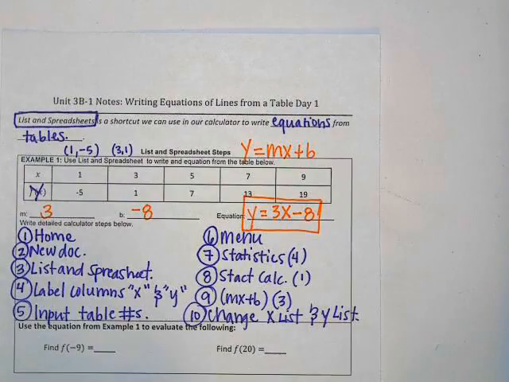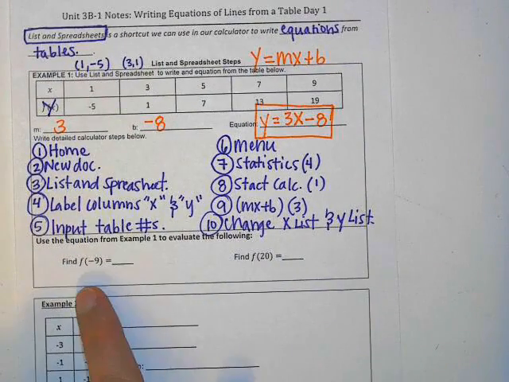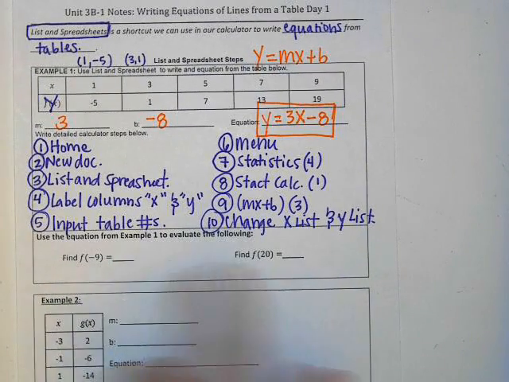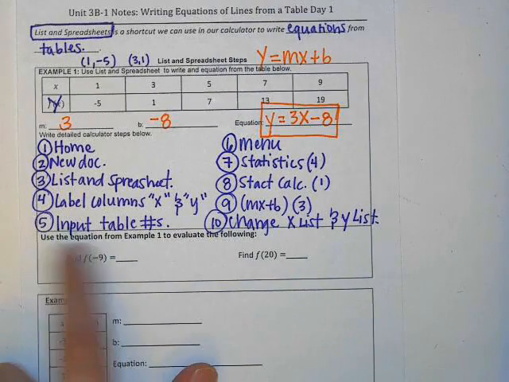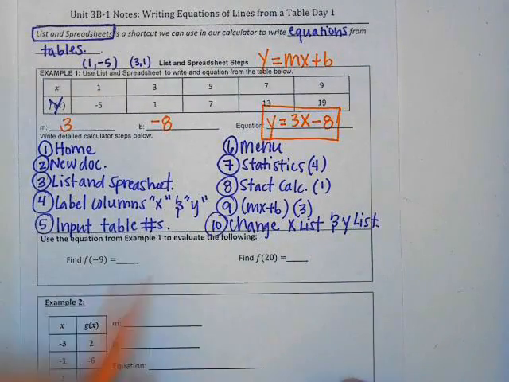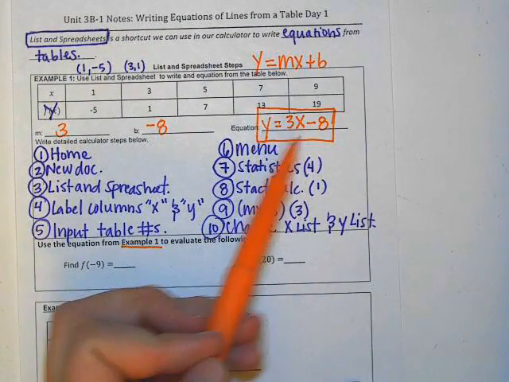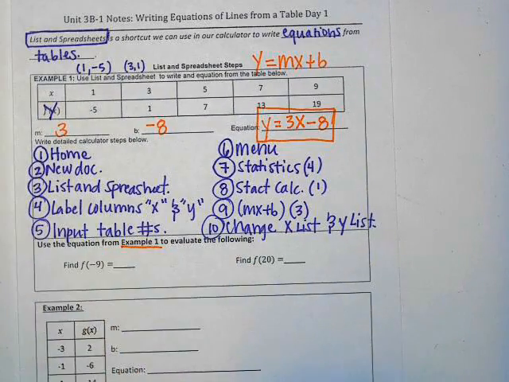Now, because on our test people keep missing problems like this, I added these problems to the bottom. So we can go over how to do this again, because we keep missing them. It says, use the equation from example 1. So this equation right here. I want to use this to evaluate the following. Find f of negative 9.